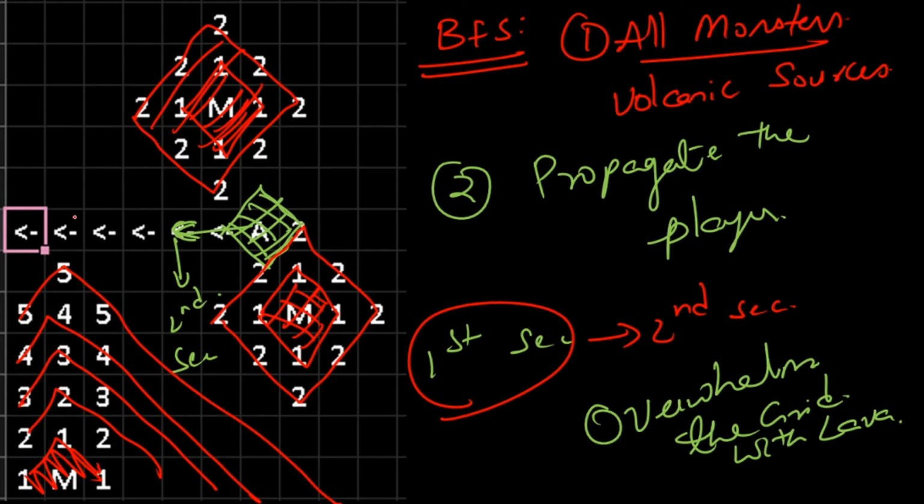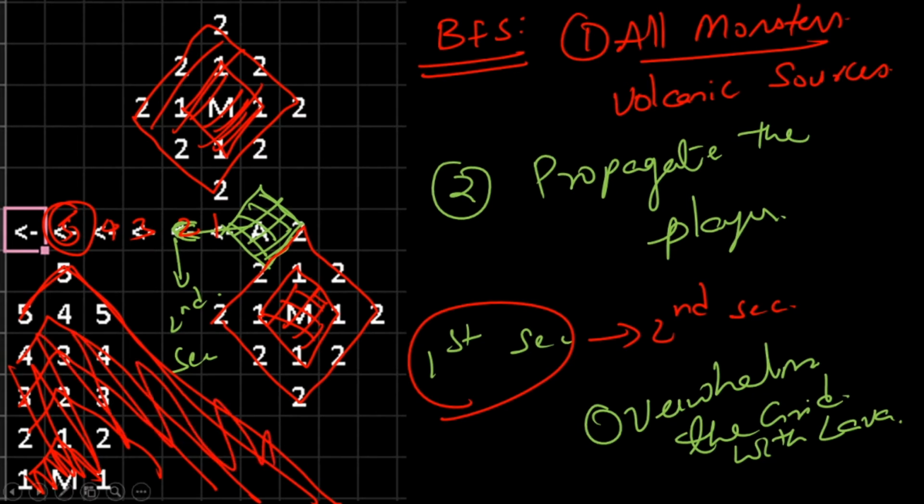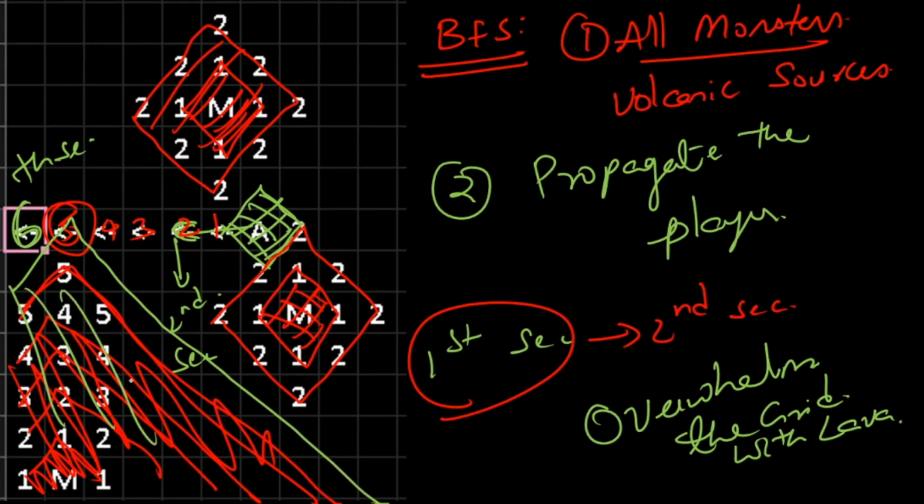In the fifth second, so 1, 2, 3, 4, 5, our player is here. The lava is here, and our player is here. So what happens is, in the sixth second, he is able to reach the boundary square, and meanwhile, the lava has covered all this location. So he is able to make a successful escape.